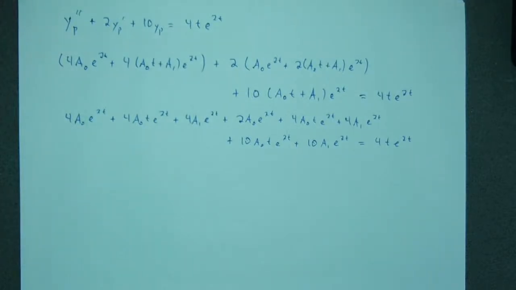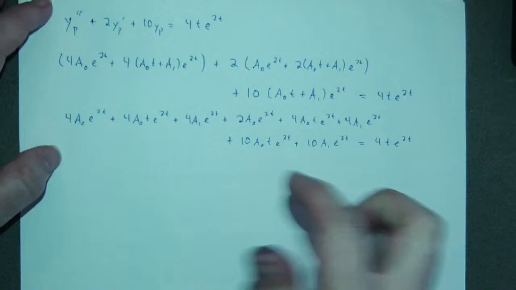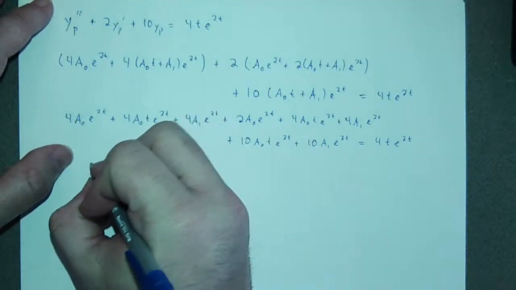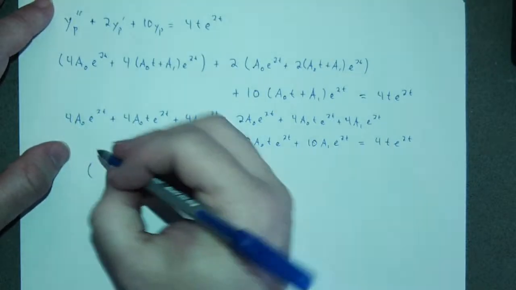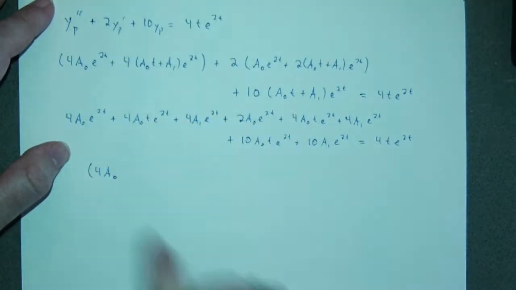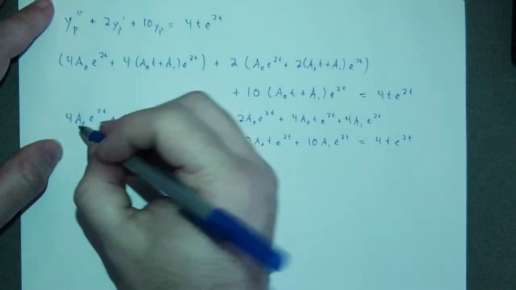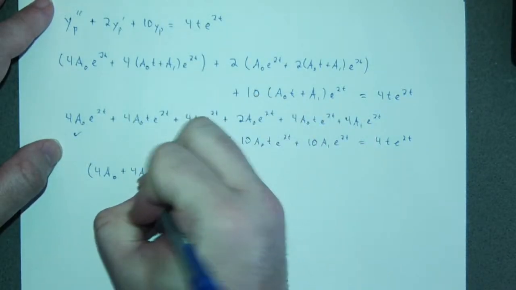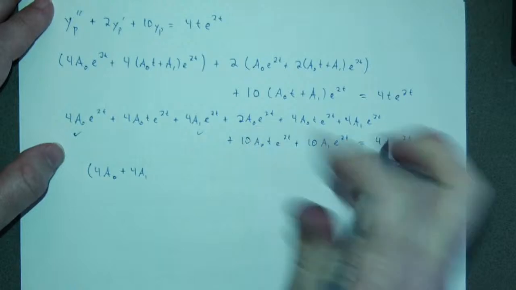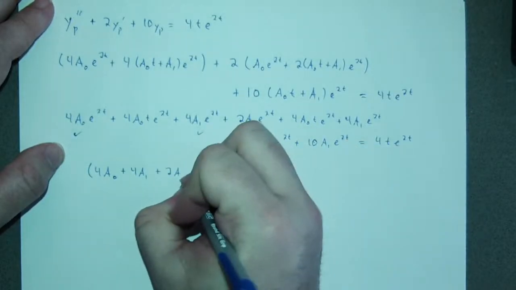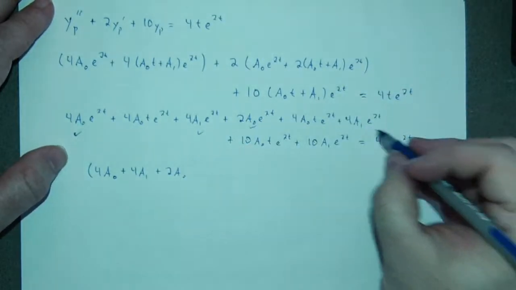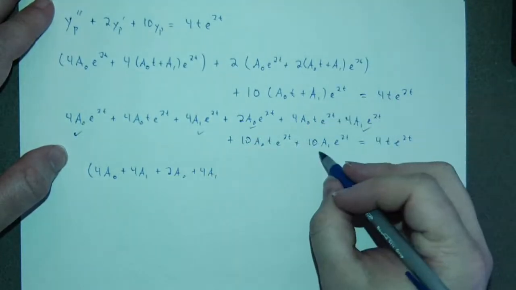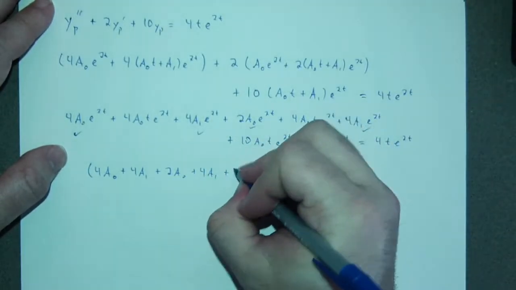Okay. So let's group everything with or without a t and then with a t. So without a t, what do we have? We have 4a0. So that takes care of that. And then we have plus 4a1. That takes care of this term. Plus 2a0. That takes care of that term. Plus 4a1. Takes care of this term. Plus 10a1.